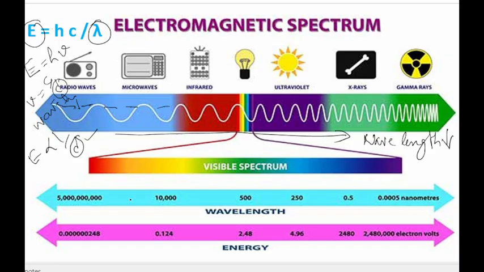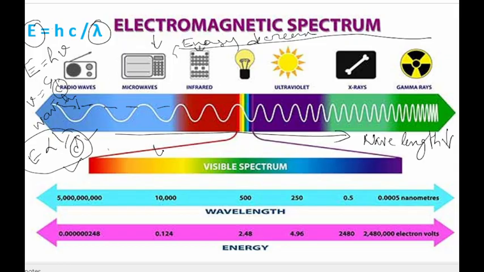As per this relationship, if wavelength is increasing, then energy will have a reverse relationship, meaning in this way energy will decrease. So in the first you can see the light spectrum.